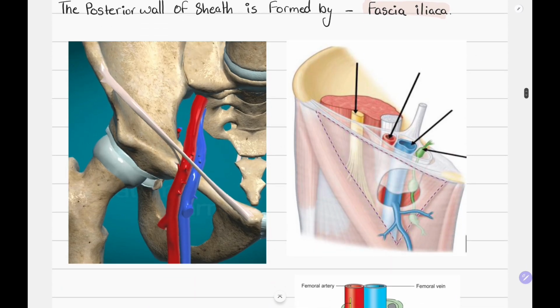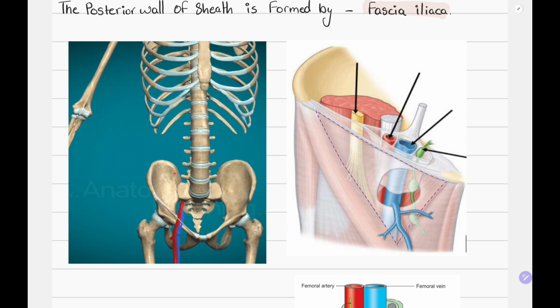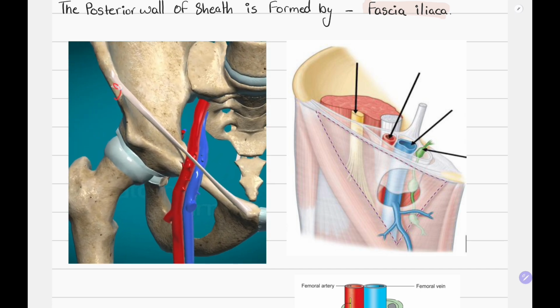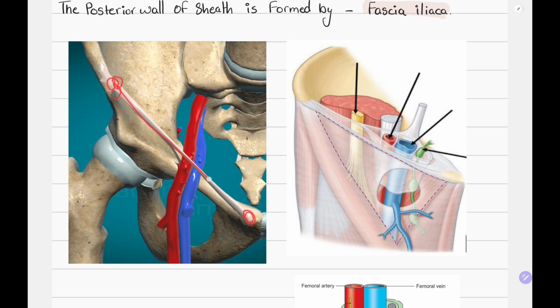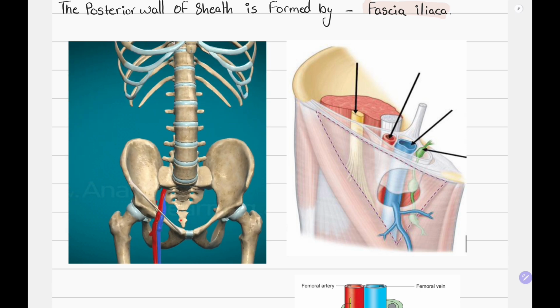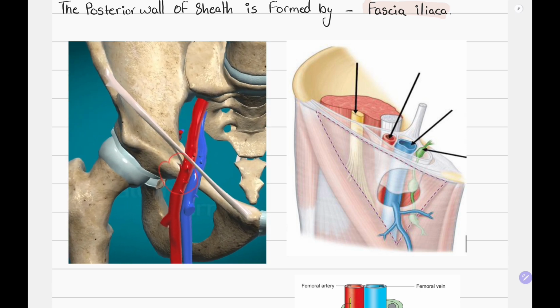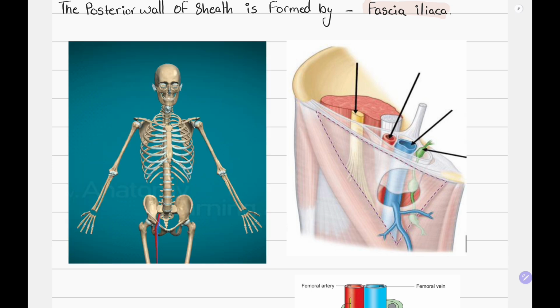Firstly, orienting you where we have to find the femoral sheath, using our animation. Right here, this is the anterior superior iliac spine, pubic tubercle and inguinal ligament. Posterior to the inguinal ligament lie our major vessels, and these vessels are encapsulated by the femoral sheath.